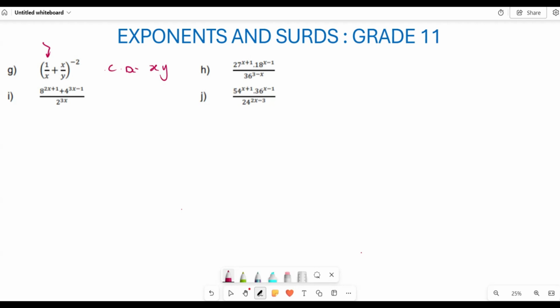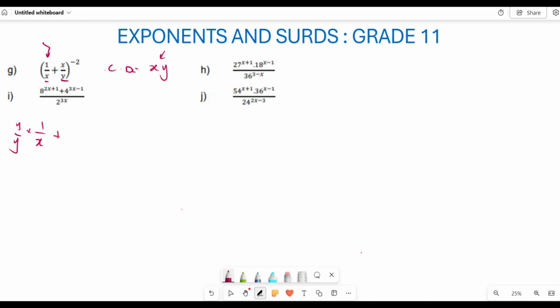How can we ensure that in our denominator we have our x and also our y? Where is the x coming from? It's coming from this side, and the y is coming from this side, right? So we can do that by multiplying 1 over x by y over y, because you already have the x, so you are short of the y, right?